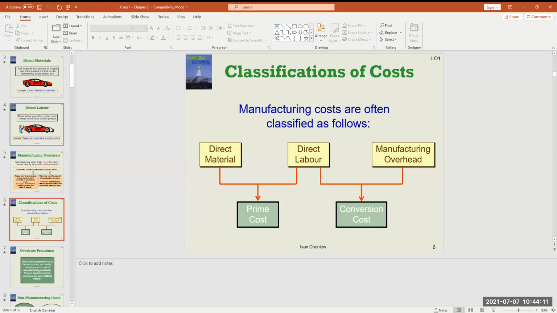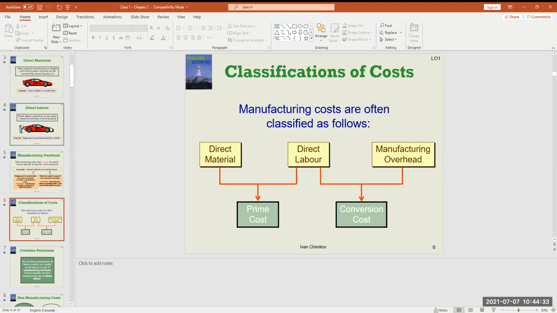Since we have the three components of the product, which are direct material, direct labor, and manufacturing overhead, and since we already know that direct material comes first and direct labor comes second, we're going to combine direct material and direct labor, and we're going to call them the prime cost. Prime means first. Why?